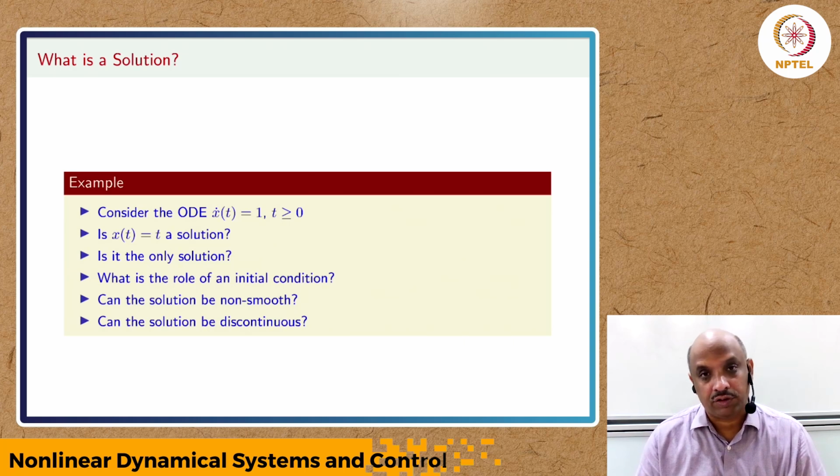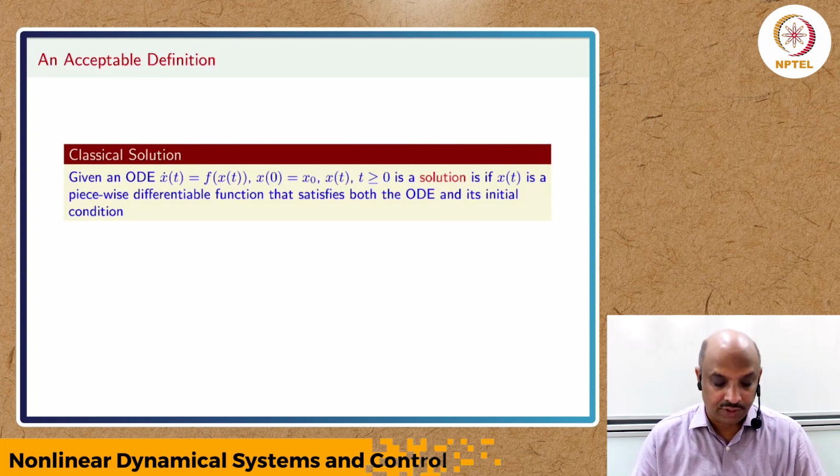One can actually think of generalizations to that by loosening up our definition of derivative itself, but otherwise the standard definition will apply only to the case where we have a certain behavior of this particular function. So we will provide a classical solution, and there are many generalizations of this which we will not worry about too much in this particular course.